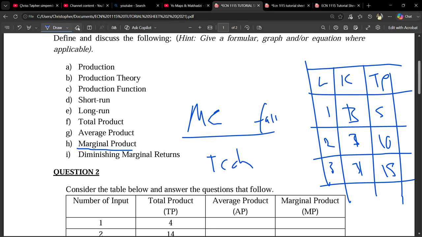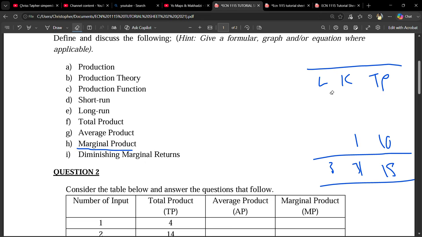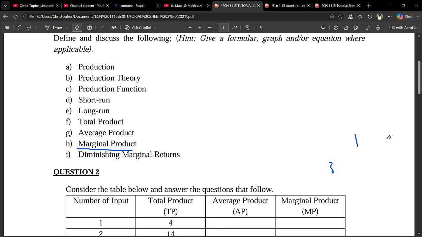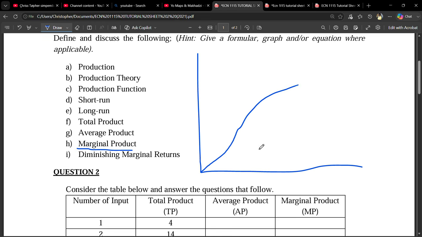So if we take this in the graph, you're going to find that there's a point that we call the point of inflection, which explains where we tend to stop growing exponentially. If our total product is increasing like that, there will be a point of inflection.